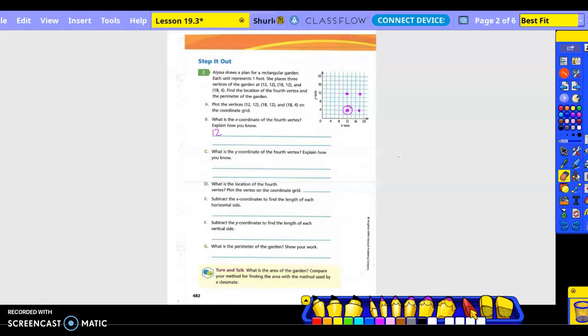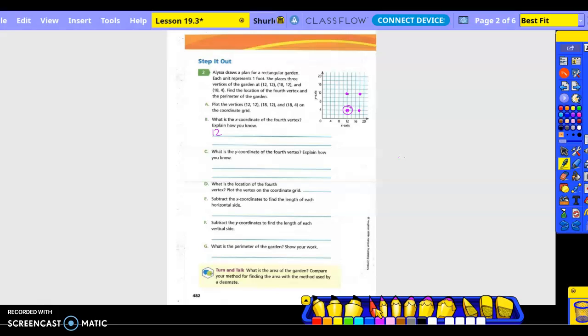Okay, and in order to do that, we would go over to the right 12 to fill in our next corner, right? Okay, what is the y coordinate? 4, right? Okay, so 4 is the y coordinate because once again we need a rectangle, and that is what we went up on the other one, right? Okay, to get us our rectangle.